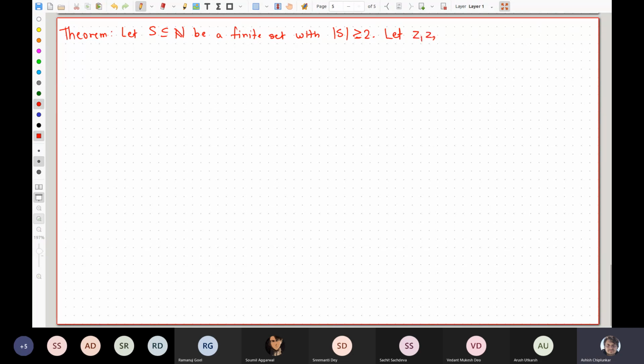Let Z1, Z2 up to Z size of S minus 2 be any sequence of length size of S minus 2 having entries from S. Obviously, it's a sequence, which means the entries can possibly repeat, so possibly with repetition.